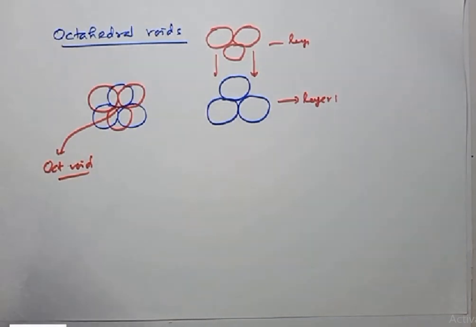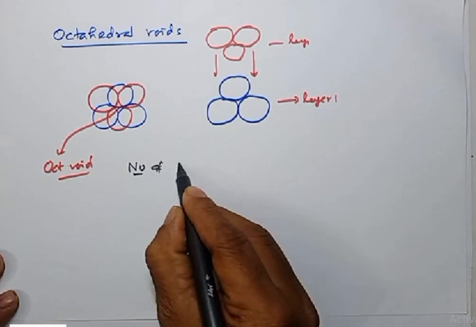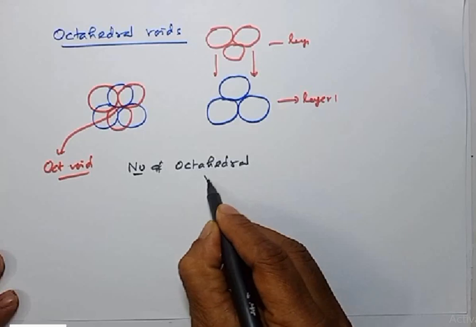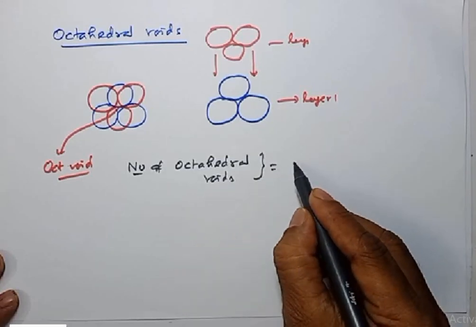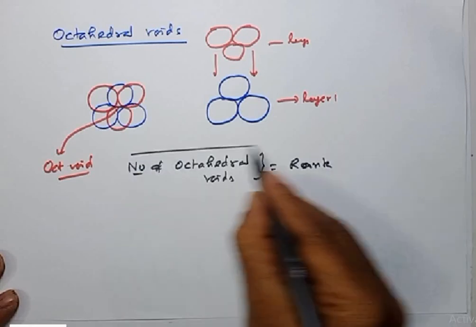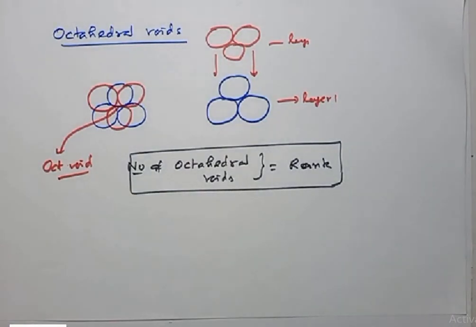Number of octahedral voids in a unit cell is equal to the number of atoms in one unit cell. Take note. Number of octahedral voids is equal to the rank of the unit cell.